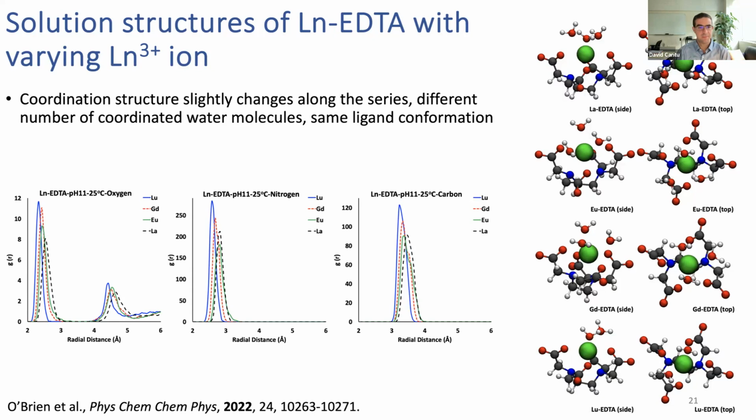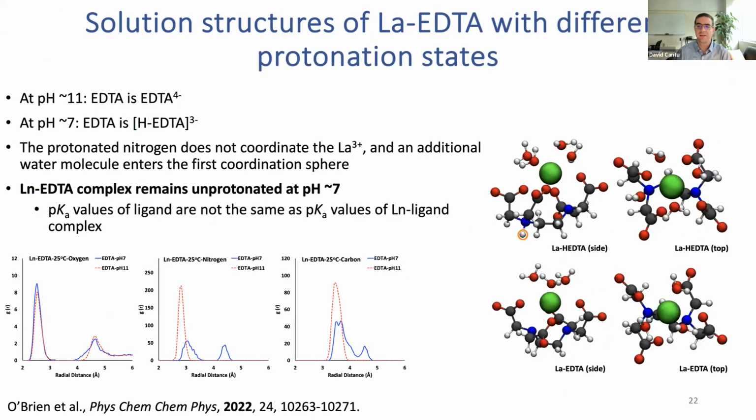And then we simulated the system with different protonation states. So at pH 11, EDTA is EDTA 4-, completely unprotonated, and at pH 7, EDTA is EDTA with 1 proton. I just have to be very clear here and clarify that at pH 7, the complex is in this form, completely unprotonated.